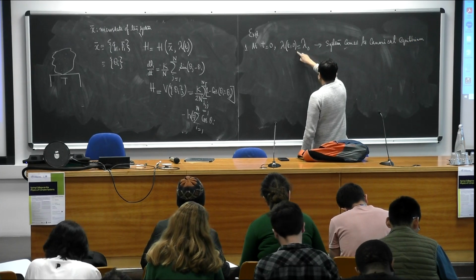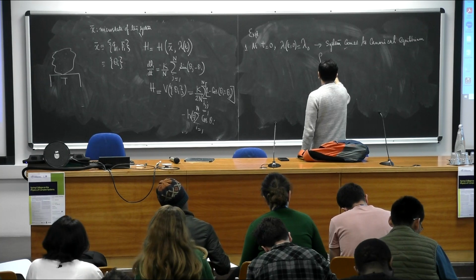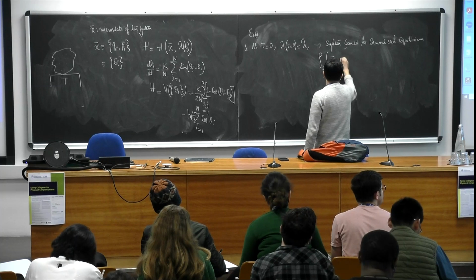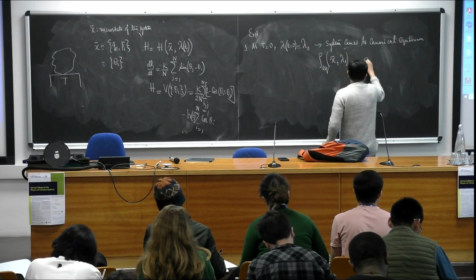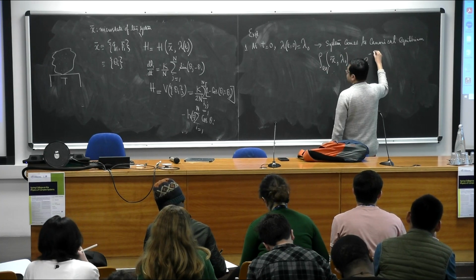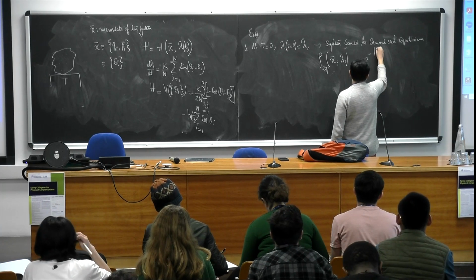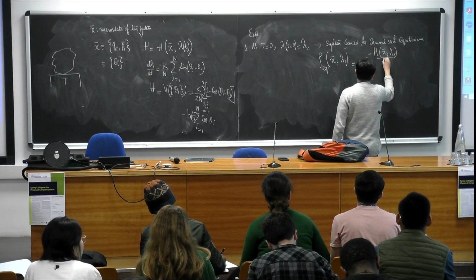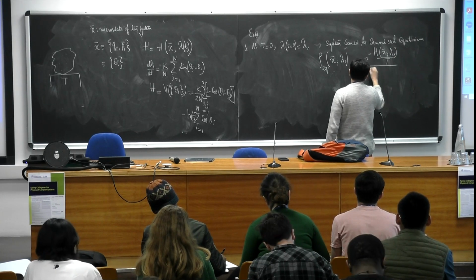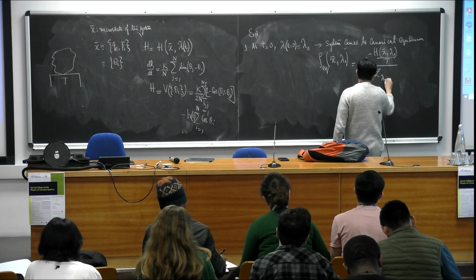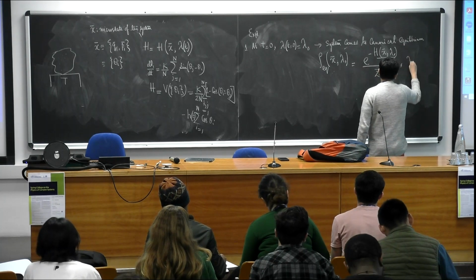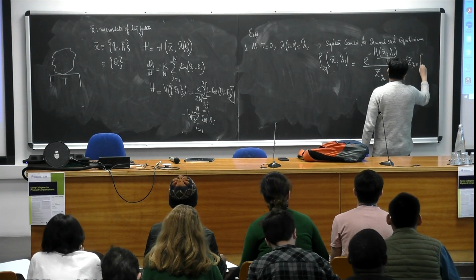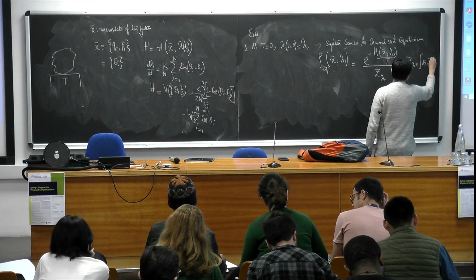Then, lambda is equal to lambda 0, so what will be the stationary distribution, the canonical equilibrium distribution? It would be just e to the minus H of x, lambda 0, divided by T, divided by the partition function, where Z of lambda is defined to be the partition function.